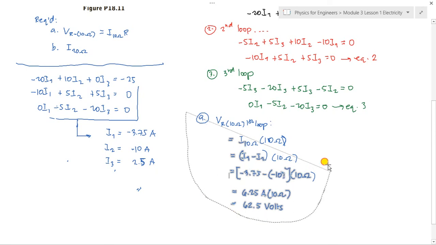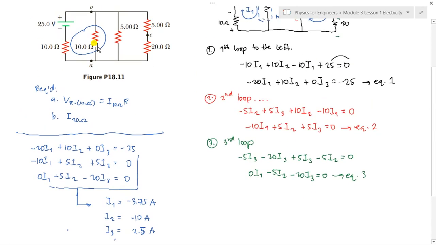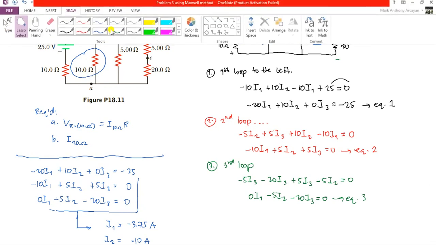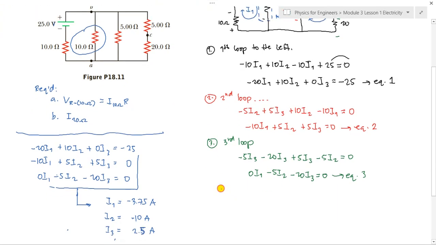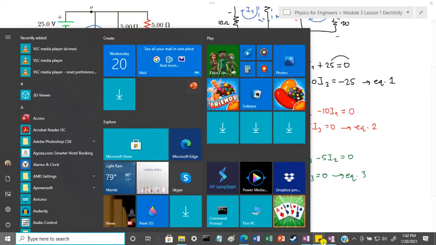So for the voltage across node B to A, the voltage there is equal to the 10 ohm resistance times the current, but the current should be I1 only. So only for I1.